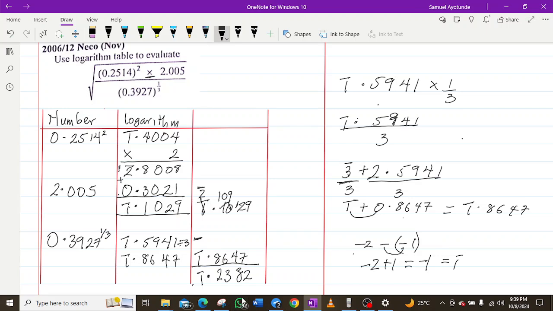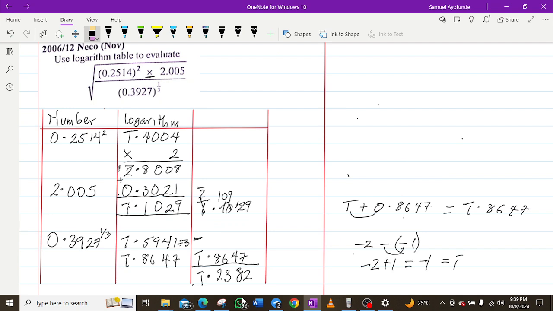Now, let me rub off to create space here. We have gotten the answer for the numerator and the denominator.